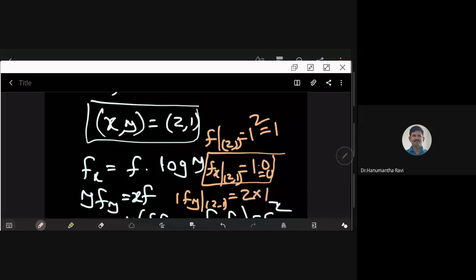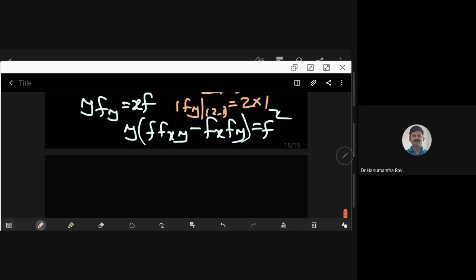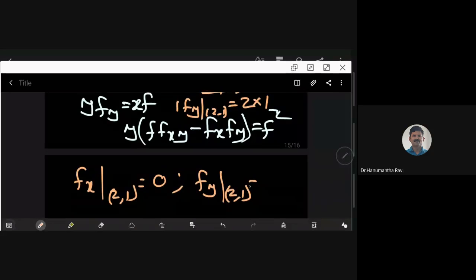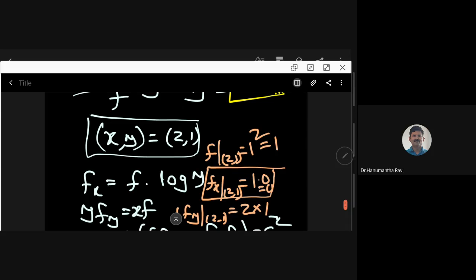So f_y at (2, 1) is 2. Good. f_x at (2, 1) is 0, f_y at (2, 1) is 2.